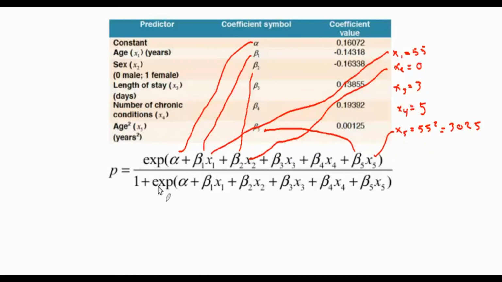Then down below, the second term in the denominator is just the same as the numerator. We plug all of our alphas, betas, and x's in, and when you compute that, p ends up being 0.073 or 7.3% chance of a readmission within 30 days for this hypothetical patient.